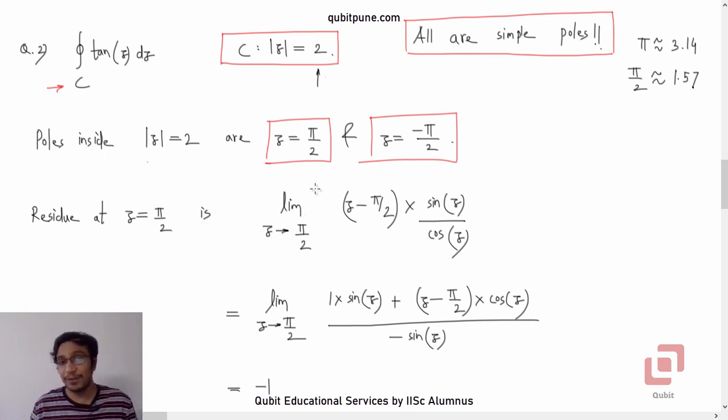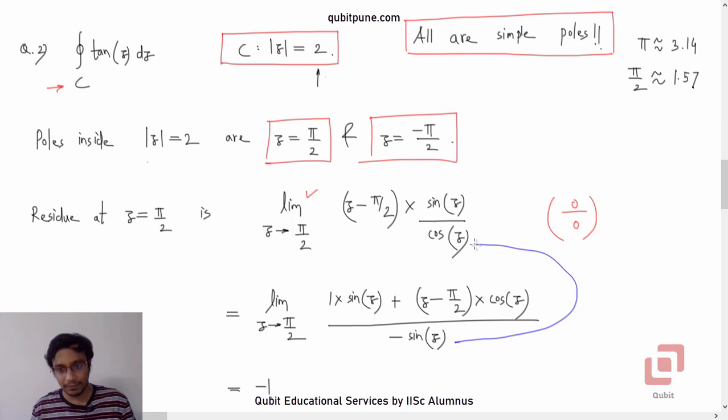So can we now determine the residue at z equal to pi by 2? Very easily. This time we are required to take the limit, because this is in the 0 by 0 form: z minus z naught into f of z. Once you apply L'Hospital's rule, take the derivative of the denominator first. It is simple. Derivative of cos is negative sine.